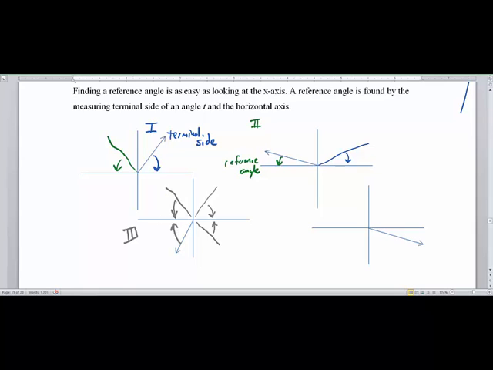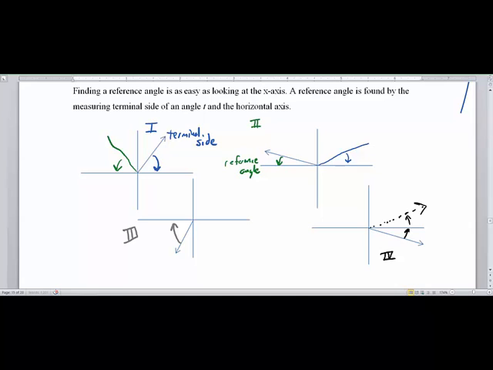I'm going to erase them, but this is the reason for doing these reference angles, because we can use this information. We can use that this distance here in the 4th quadrant would be the same as this one, this dotted line I'm making here in the 1st quadrant. And that's very useful if we want to find sine and cosine values.